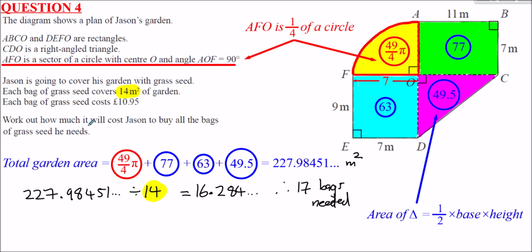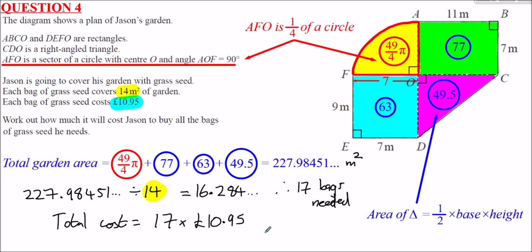It wants to know though how much it will cost, not how many bags. So we're almost there. We've got 17 bags, but now what we need to do is to work out how much that would cost in total. Well, each one bag costs £10.95. So if we're buying 17 of those bags, the total cost must be 17, because it's 17 bags, multiplied by that cost of £10.95 for one bag.